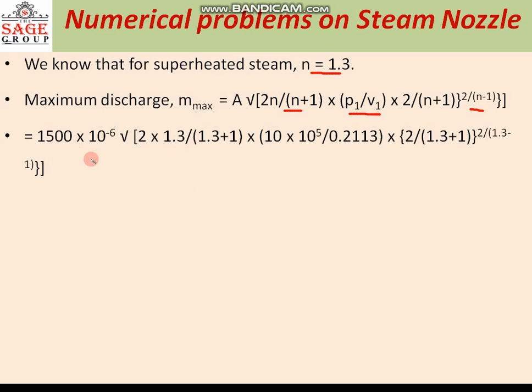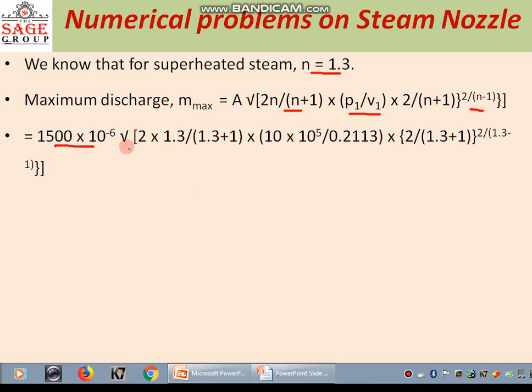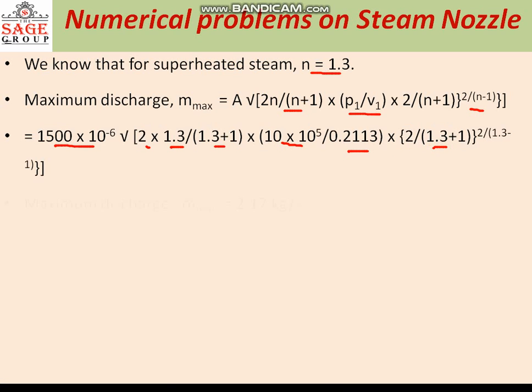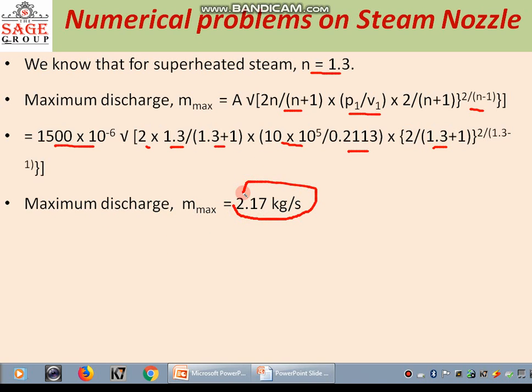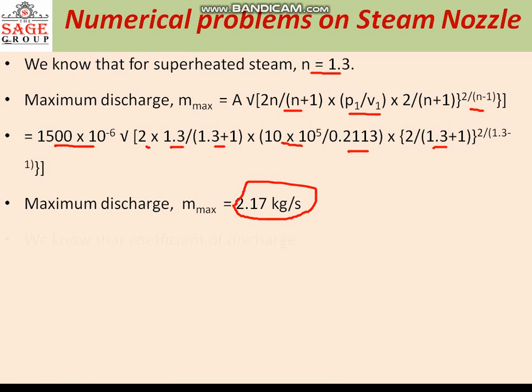Putting the values, the area A is 1500 into 10 to the power minus 6, n equals 1.3, pressure P1 is 10 into 10 to the power 5, V1 is 0.2113, and again the value of n is 1.3. After solving this expression, we got the maximum discharge, which is 2.17 kg per second.